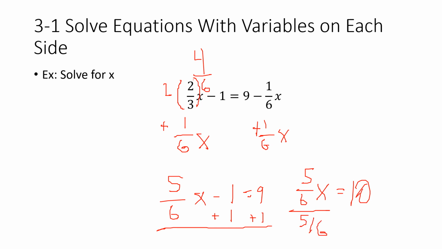But when you divide by a fraction, you really need to remember that you are multiplying by the reciprocal. Flip it. So instead of dividing by 5/6, you're going to multiply by 6/5. And this will give you x. So x will equal 10 times 6 is 60, divided by 5 should give you 12.